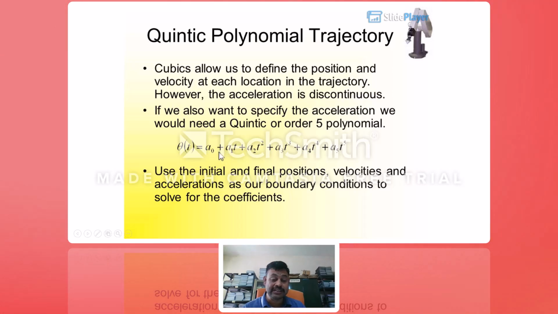So we describe it like this: a0 + a1 t + a2 t square + a3 t cube + a4 t4 + a5 t5. Use the initial and final position, velocities and acceleration as our boundary conditions to solve for the coefficients. Previously, for A1, A2, these are all the coefficients, we got an equation.